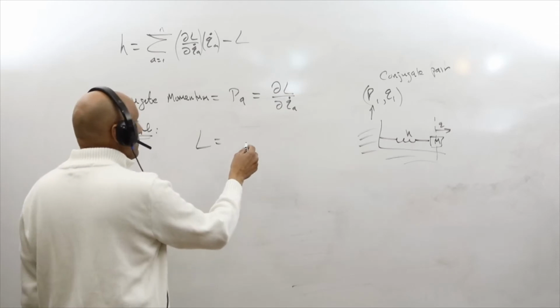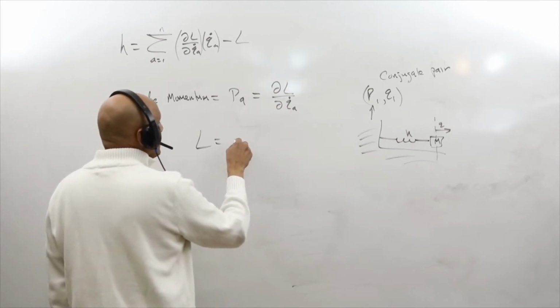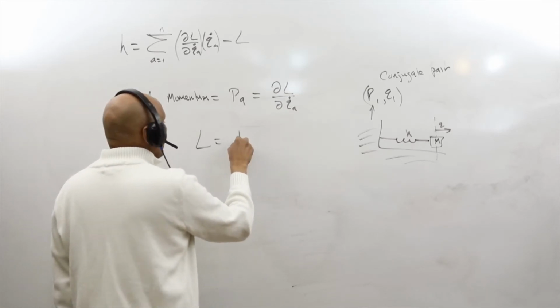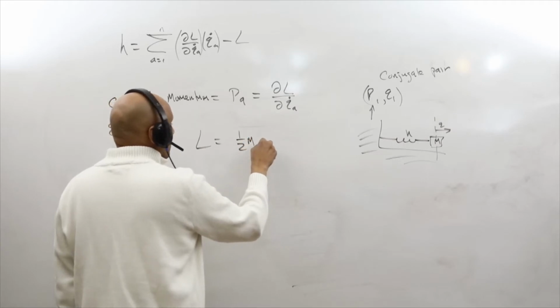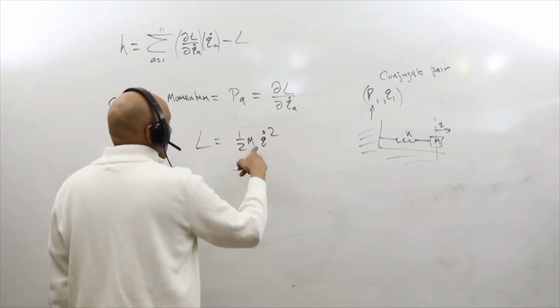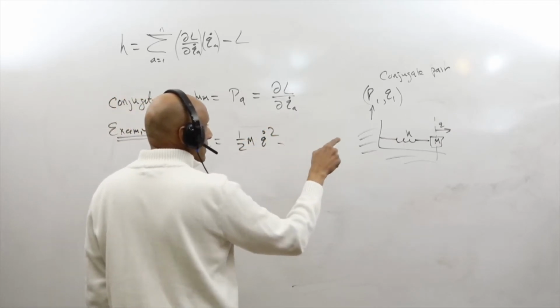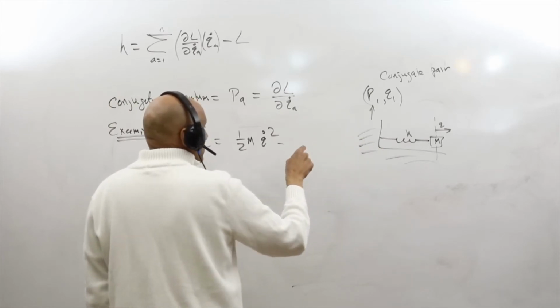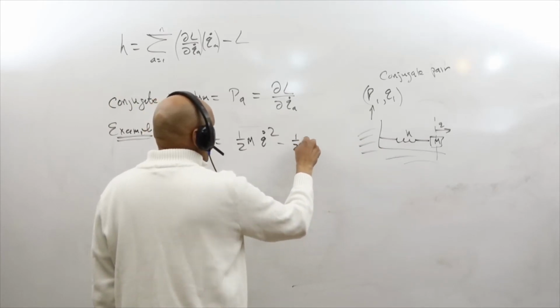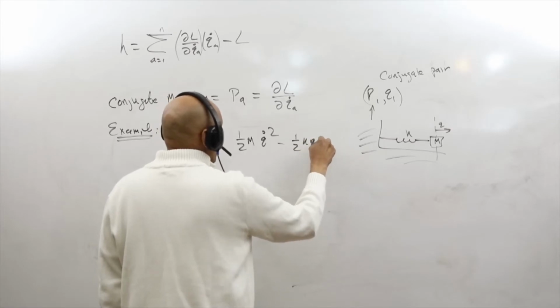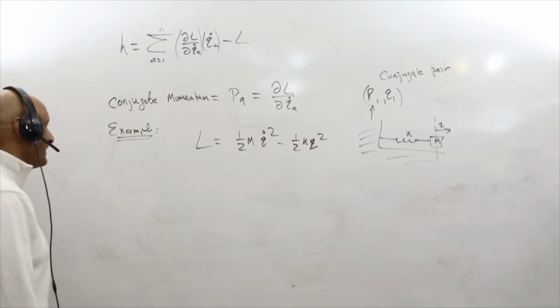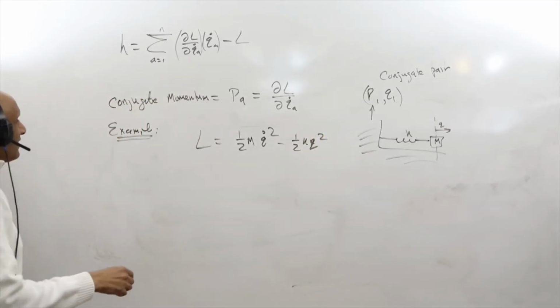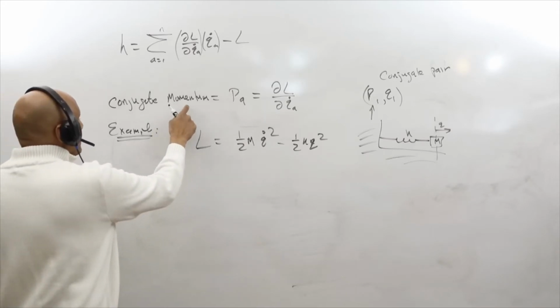The Lagrangian tells us T minus V. So the kinetic energy happens to be 1/2 mass times Q dot squared, the velocity squared, minus the potential energy associated with the spring, which is 1/2 K Q squared. So let's convert to the h function.